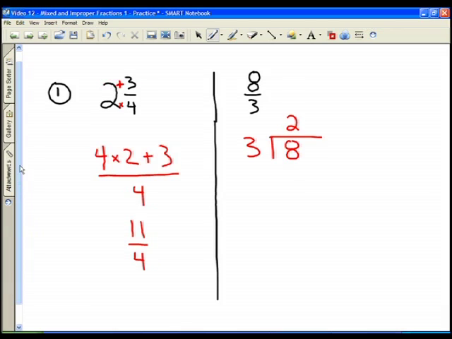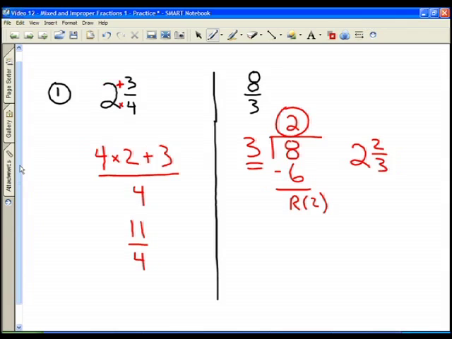So 3 goes into 8 twice, and now we do our long division, or at least the first step. 2 times 3 is 6, and then we subtract, and we get a remainder of 2, which means that 8/3 is 2, with a remainder of 2, and we always put our remainder over what we originally divided into. So 8/3 is the same as 2 2/3.